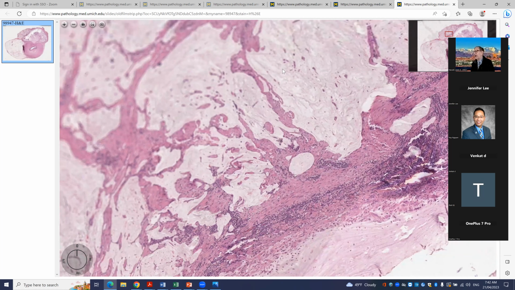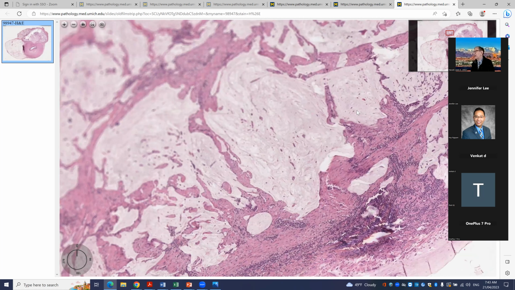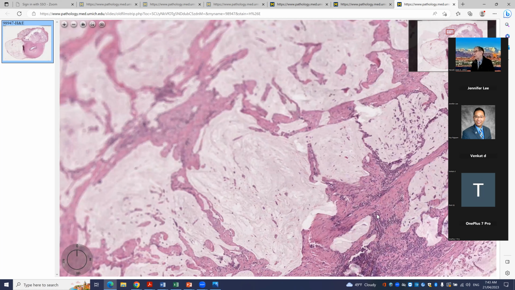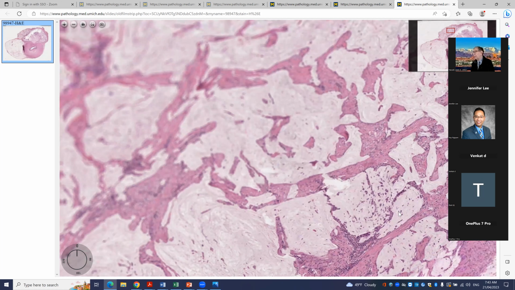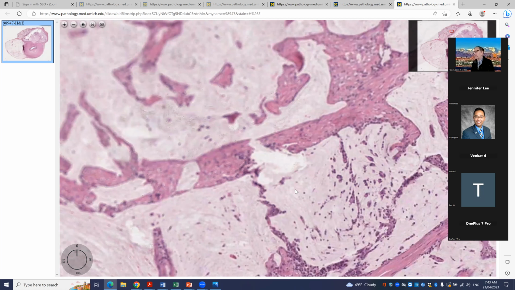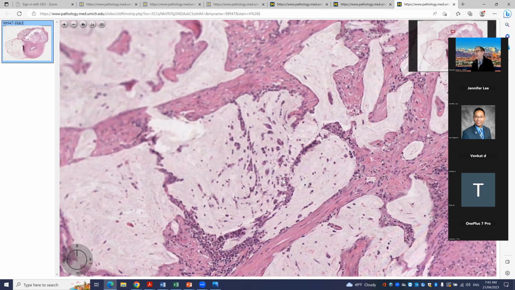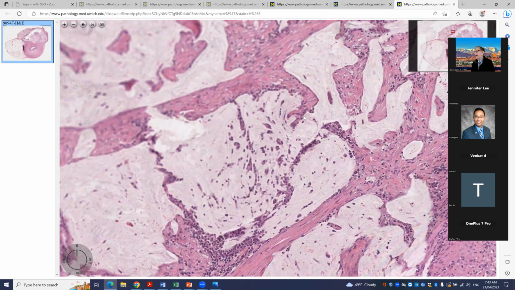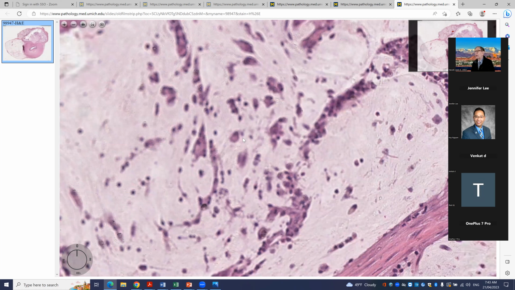And we want to look very carefully at the mucin to see, is there any evidence of an epithelial component? Sometimes you may actually want to do a cytokeratin stain, CK7 or pan-CK, to see if you can identify true epithelial cells.